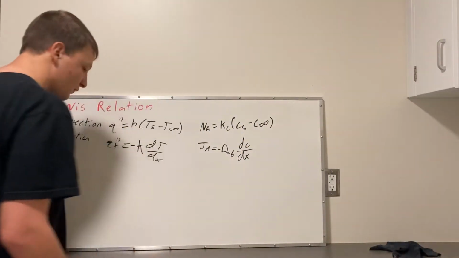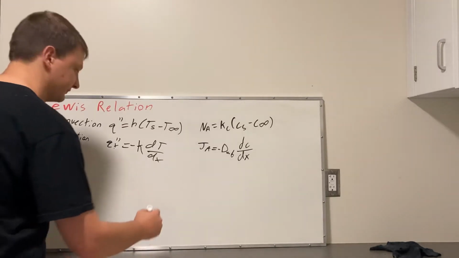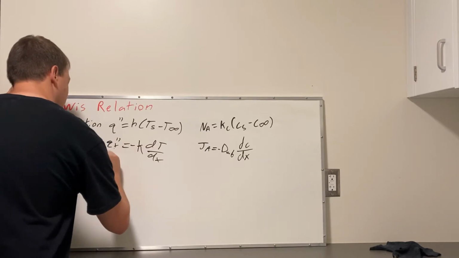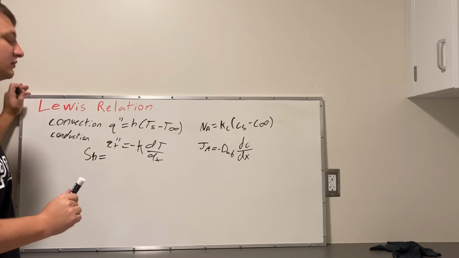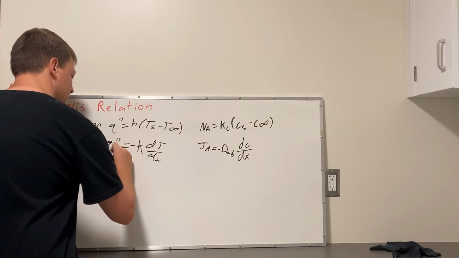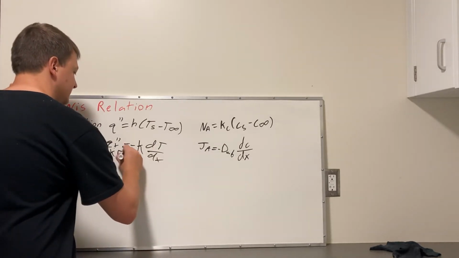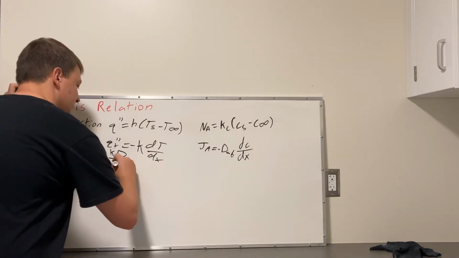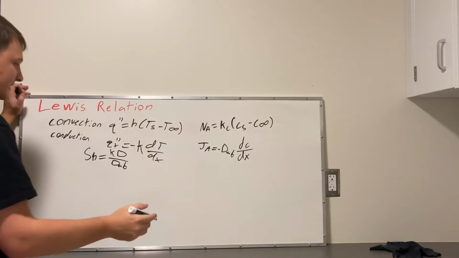Now, we're also going to need the Sherwood and the Nusselt number next. For the Sherwood, we have the mass transfer coefficient times the diameter over the mass diffusivity constant.